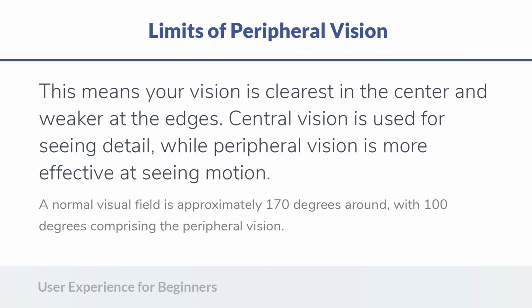Now let's talk about the limit of peripheral vision. Your peripheral vision is very weak on the right and the left, on the edges, and it is clearest in the center. So central vision is used for seeing details, while peripheral vision is more suited to seeing motion. If someone moves on the right side of your shoulder and tries to hit you, you are going to duck instantly. Why?